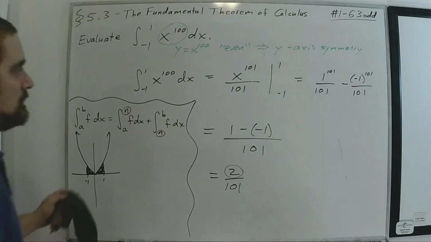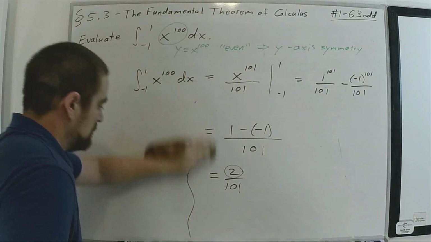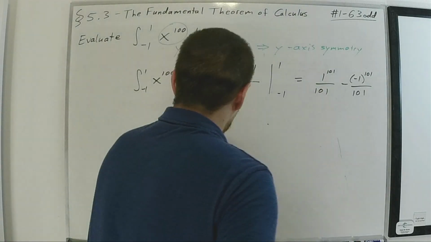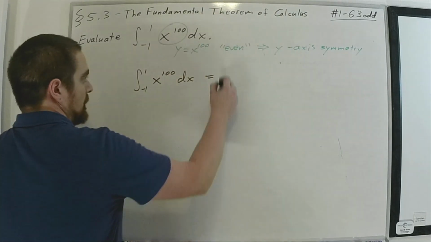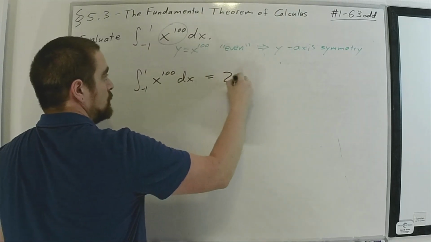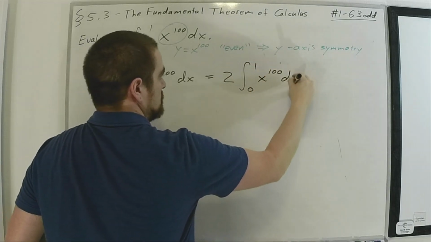So the nice thing you can do about integrals is you can use this feature to say that since this is an even function, I could rewrite this integral as 2 times the integral from 0 to 1 of x to the 100 dx.